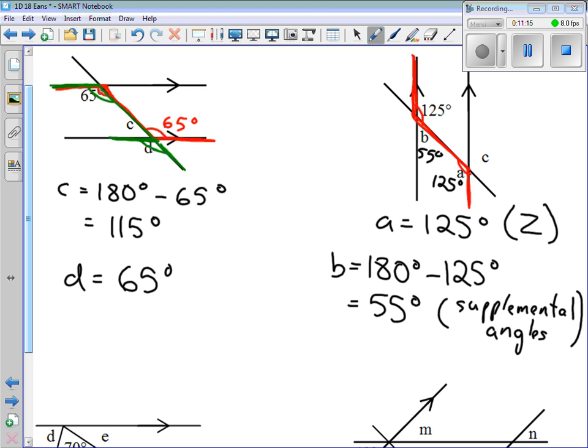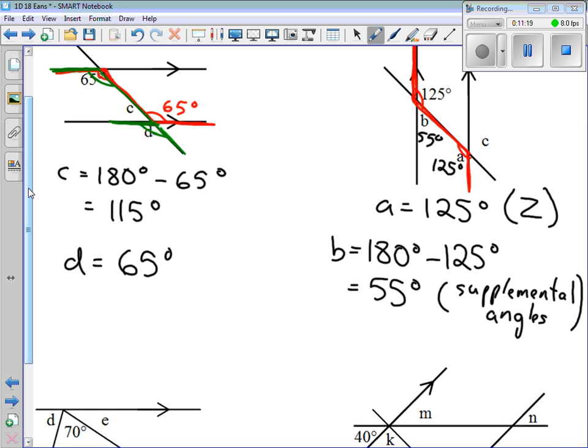Yeah, so they have to be the same. Yep, they're opposite angles because they are across from each other, across that vertex there. So C must equal 125 degrees, and I'll just say that these are opposite angles. Okay.